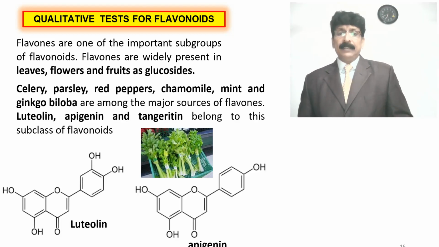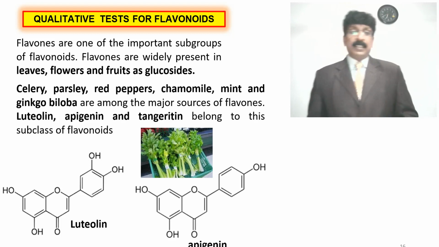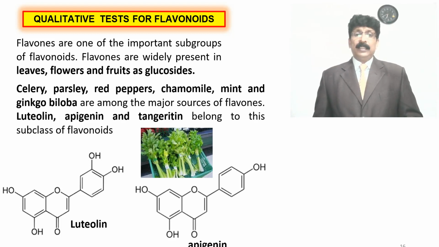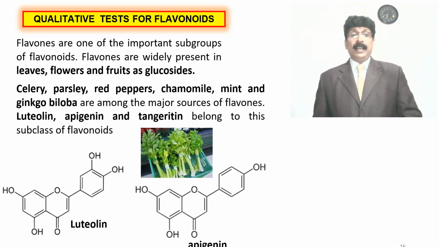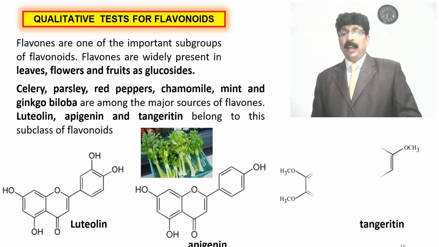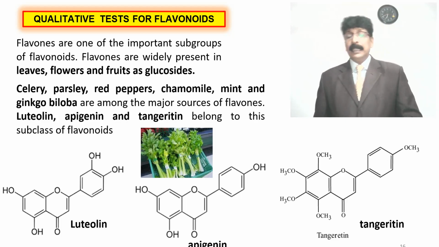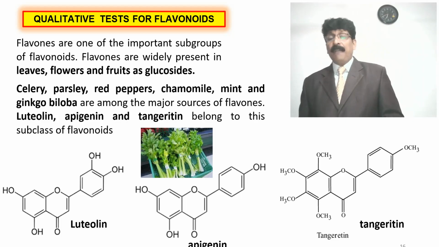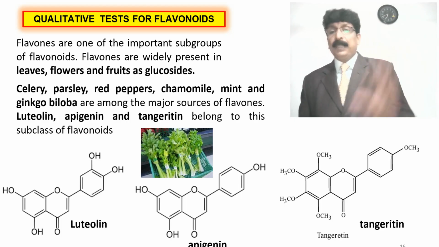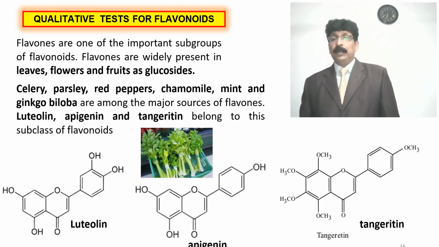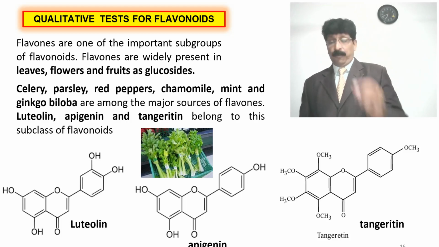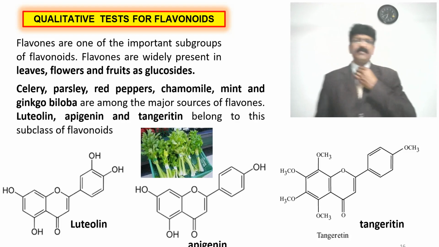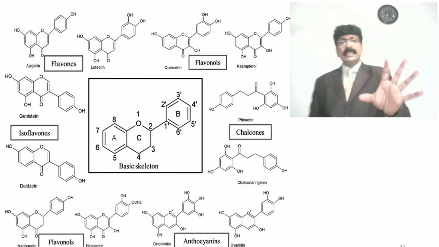Apigenin has the same structure, slightly varying in position. And tangeritin has methyl groups attached to the OH groups. It is also a flavone having a flavonoid effect. This is the basic structure of the flavonoids.